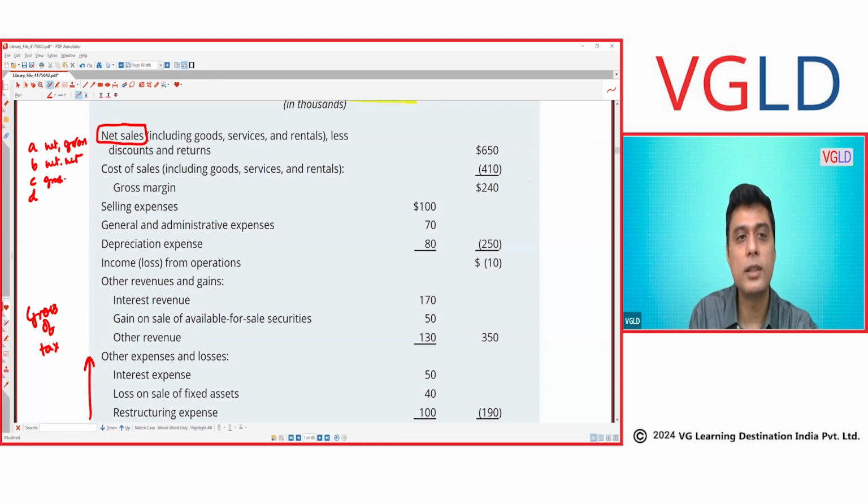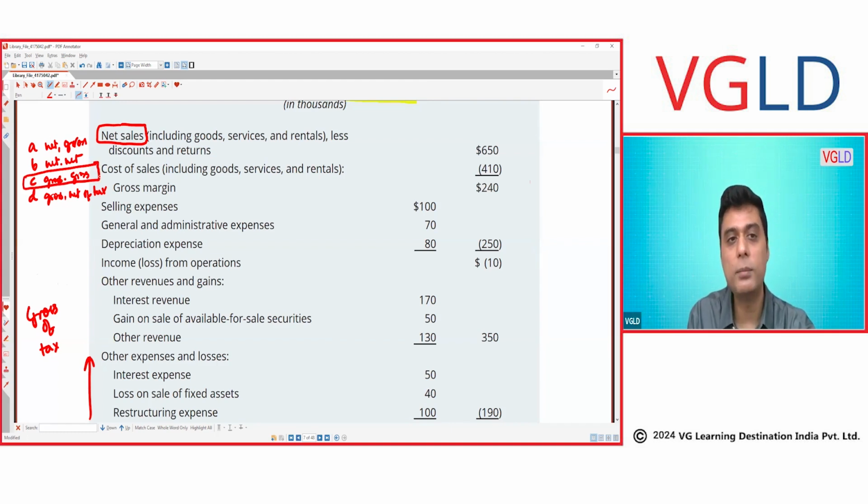It's a gross concept, gross of tax. It's a gross concept, but net of tax. These are the 4 options. What is the answer? Answer is it's a gross concept, gross of tax.